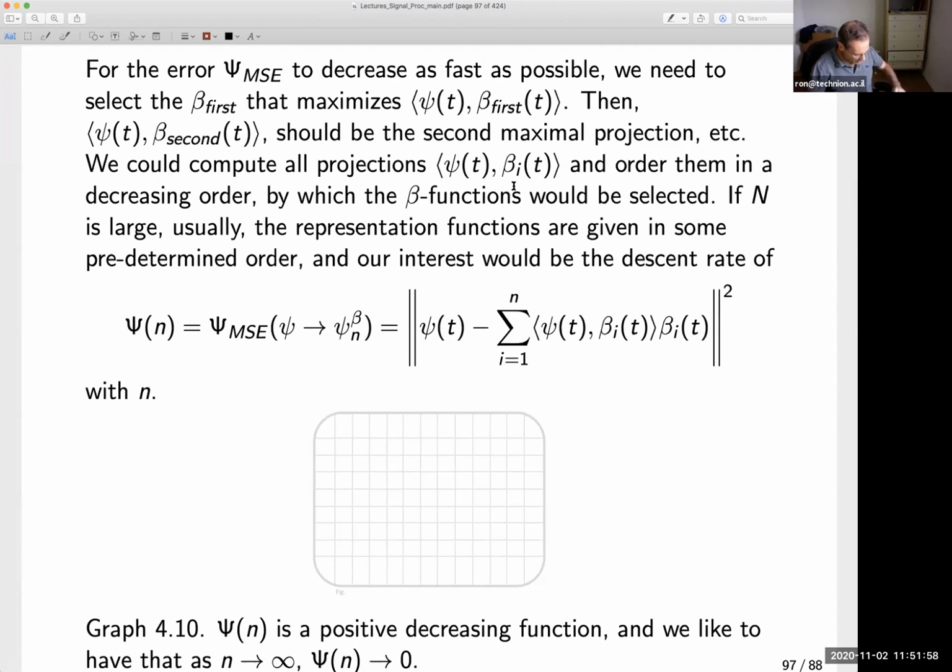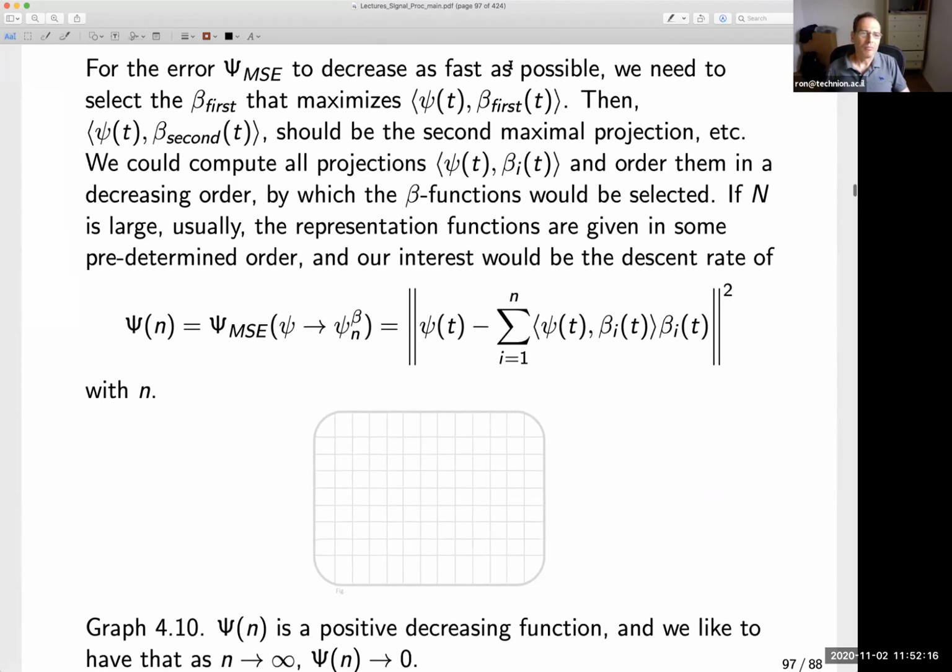And the way to do that, now let me go into the slide that I've already prepared at home. Forget about it. So what we would like is for the MSE to decrease as efficiently as possible. And what we will do is we'll choose the first beta to be the one that maximizes the projection onto the beta.